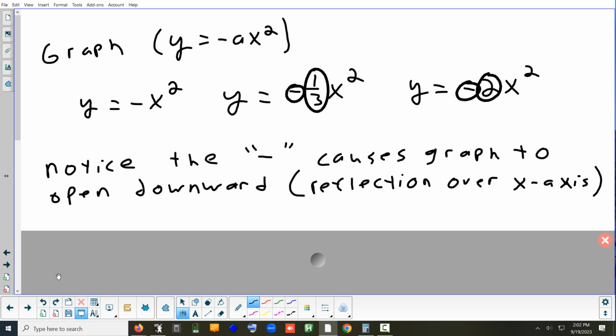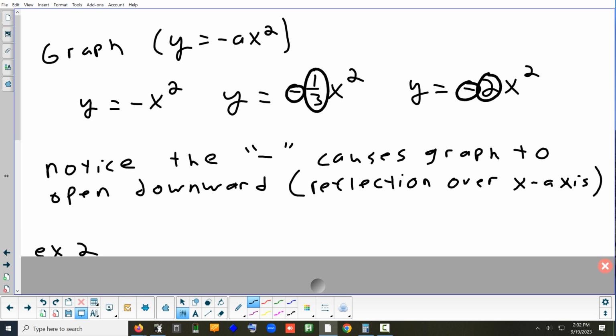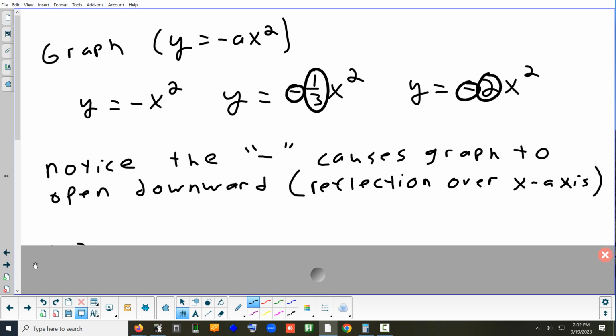So you can say it's a vertical reflection, or you could say reflected over the x-axis. Same idea. Okay. Important thing to remember is negatives cause reflections.